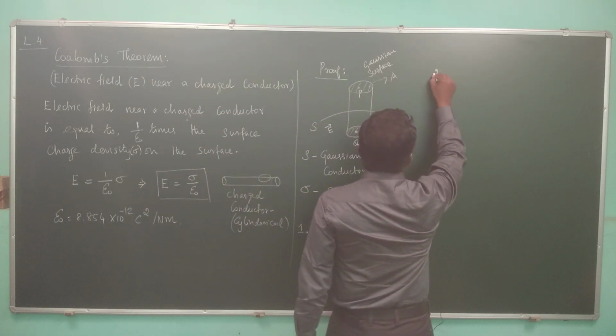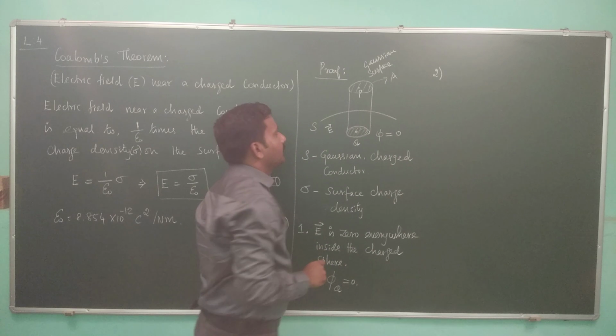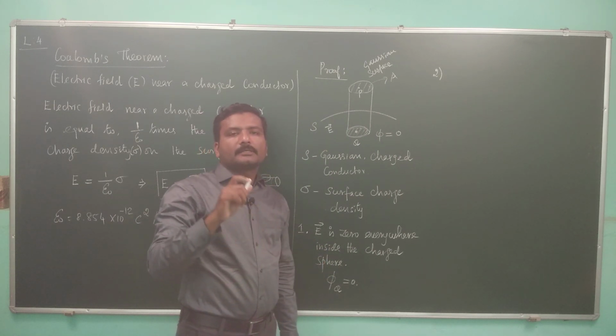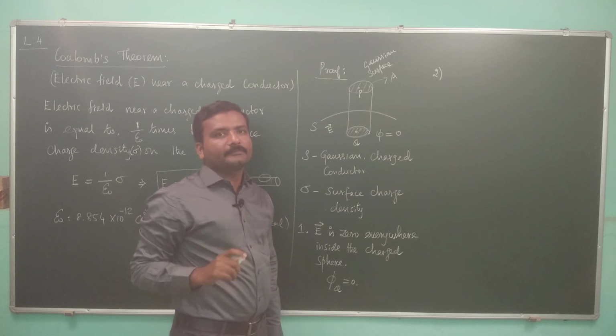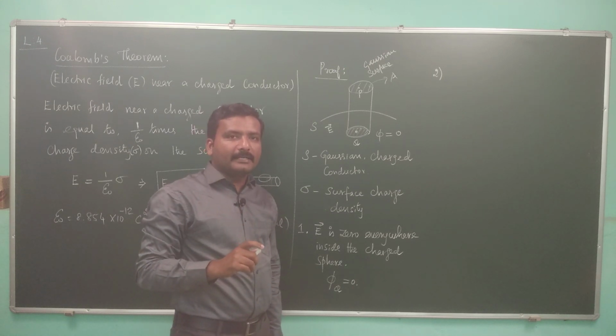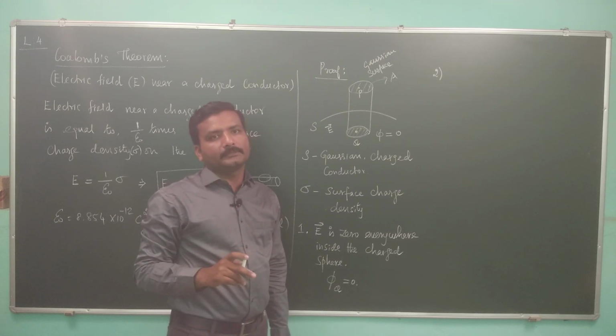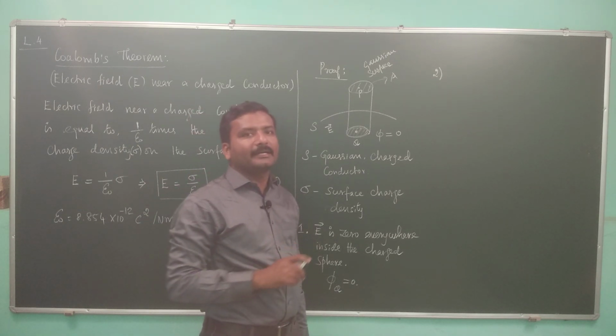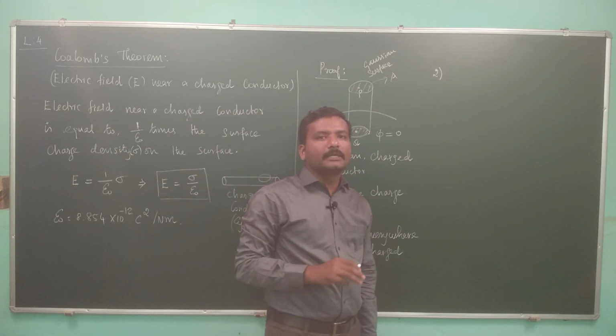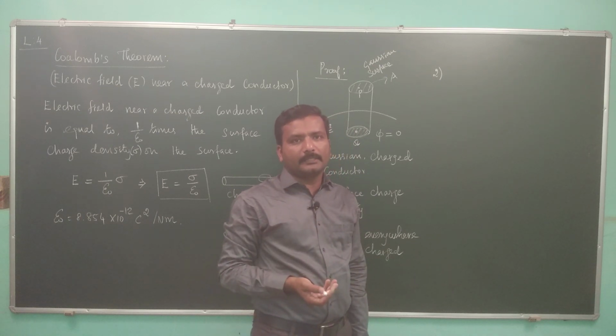And point number 2: in a charged conductor, the electric field is always directed outward from the charged conductor.